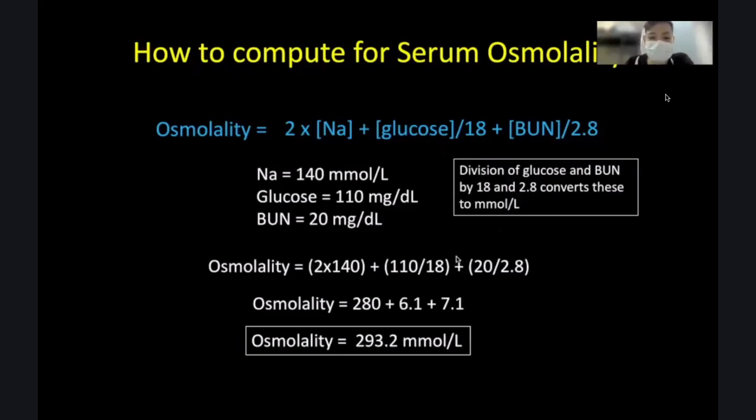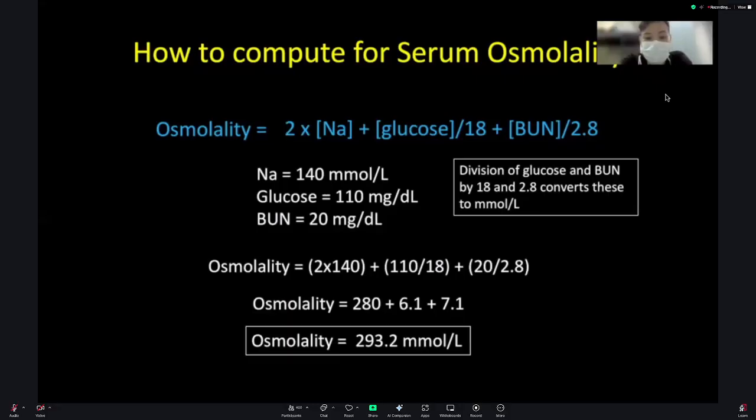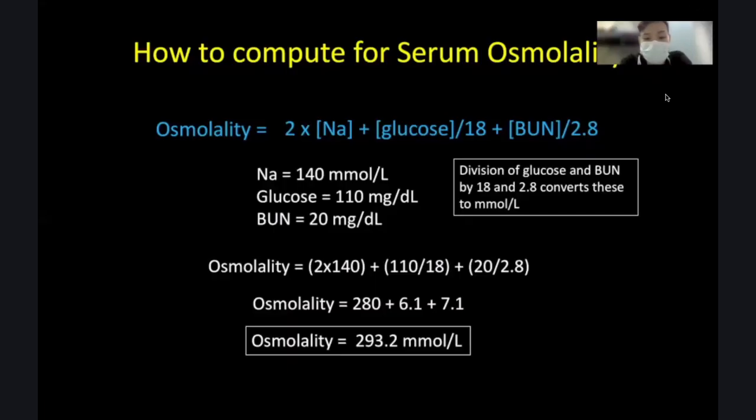So, for example, you get a serum sodium of 140 millimoles per liter, glucose of 110 milligrams per deciliter, and BUN of 20 milligrams per deciliter. The total or serum osmolality would be 293.2 millimoles per liter.